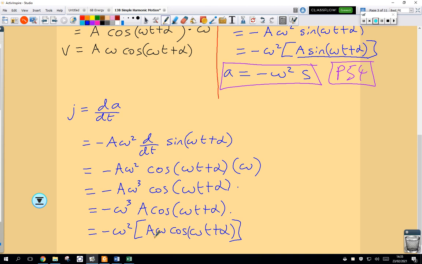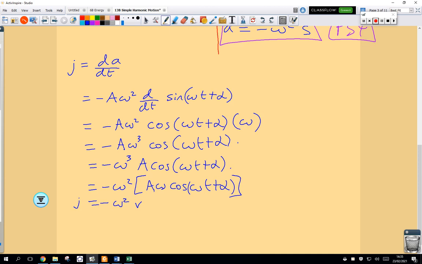And that quantity in there, a omega times cosine of omega t plus alpha, that is actually velocity. So the jerk, which is the third derivative, is negative omega squared times the velocity. And you can probably see a kind of pattern emerging here, which you might want to explore a little bit further. The derivative of jerk is called snap, the derivative of snap is called crackle, the derivative of crackle is called pop.